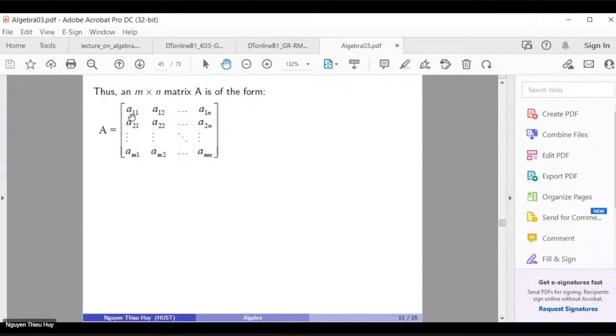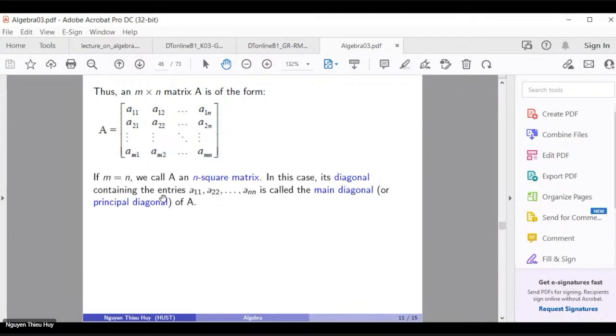In the second row, every entry has the first index 2, and so on, the m-th row has the first index m, right? And if you look at the column, for example, the second column, every entry here has the second index 2 because it belongs to the second column, right?